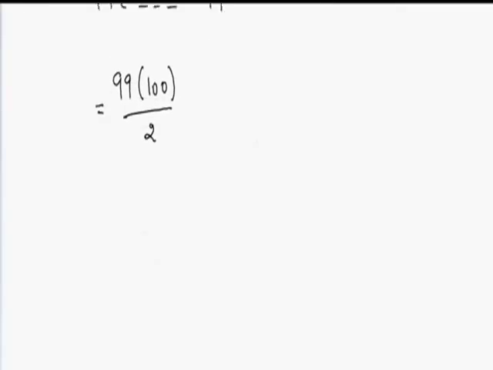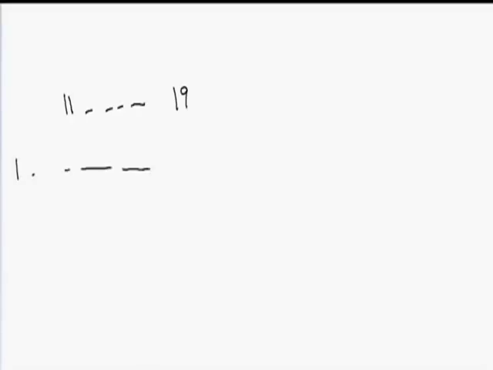Now suppose instead of 1, the number starts from somewhere else, suppose it starts from 11 and it goes until 19. How will I do that? In that case, I'll first add 1 to 19 and then I'll subtract 1 to 10 from it.